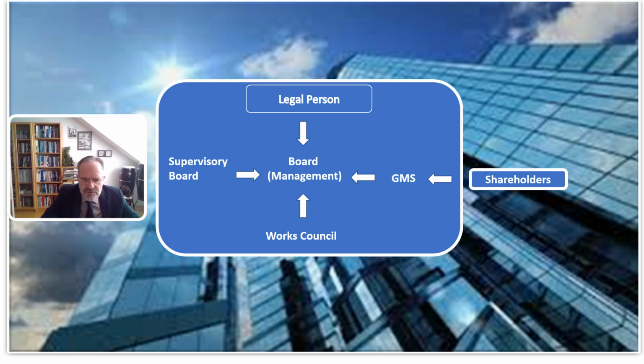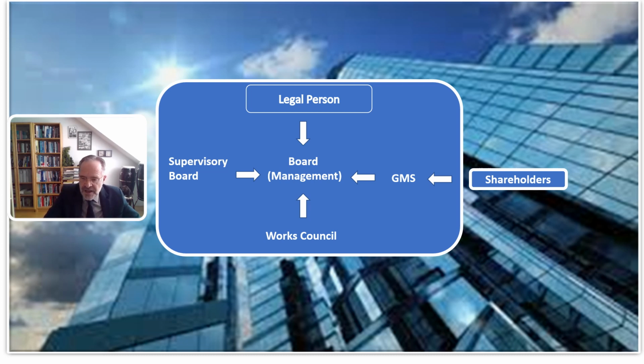On the left of the management, we see the Supervisory Board. Not all companies will have that, but it is possible that a special group of people supervises and advises the board, also a kind of control. We have on the right hand side the general meeting of shareholders and individual shareholders.